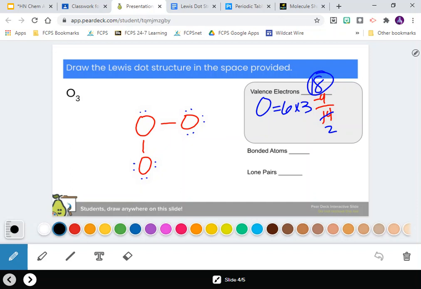So what do we have to do here? Double bond. Now, does it matter which O I double bond from? No, it doesn't. I'm going to double bond it from down here.